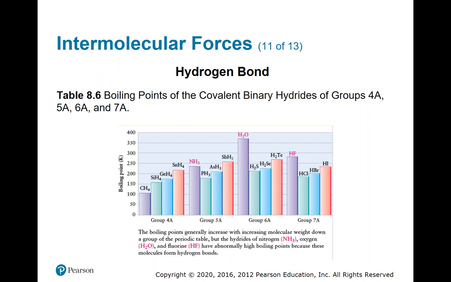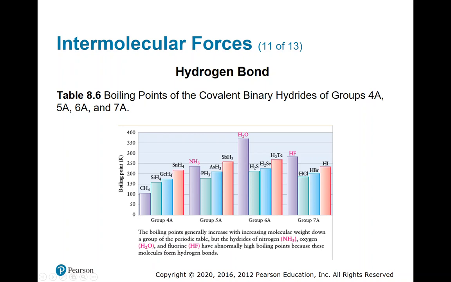Specifically, in, say, this first cluster, substances that are covalent compounds formed between group 14, or 4A, elements with hydrogen. So for instance, elements in that group are carbon, silicon, germanium, and tin. So we have compounds like methane, CH4, silane, SiH4, and so on.